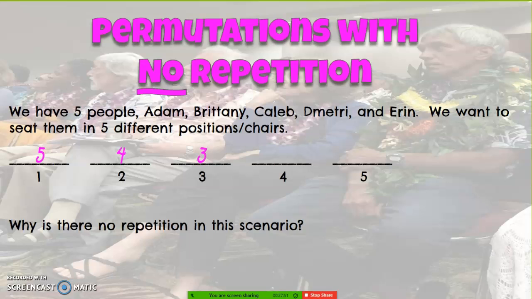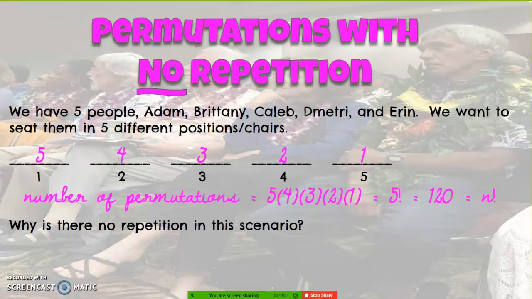Now we've seated 3 people. We still have 2 more people left to seat, so there are 2 possible people that could be sitting in seat 4. And now we only have 1 person left to put in seat 5. So the number of permutations is 5 times 4 times 3 times 2 times 1. That is the same as saying 5 factorial.